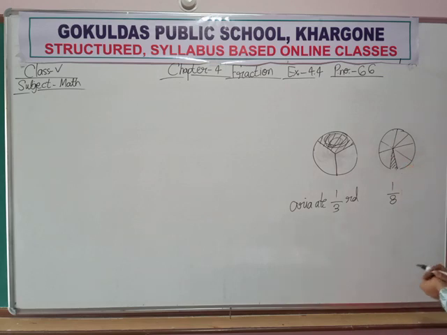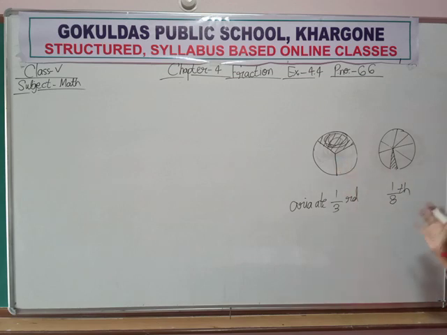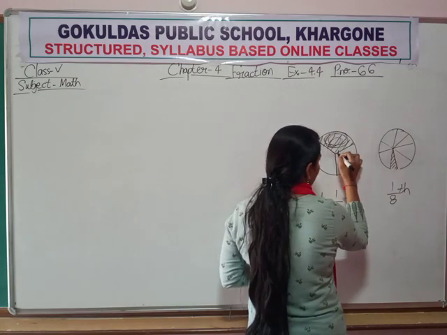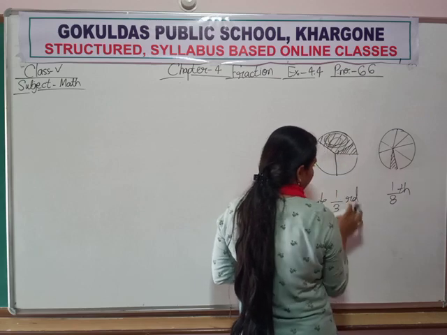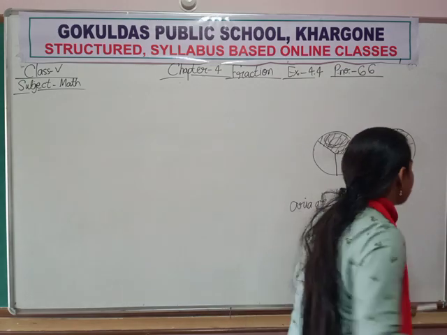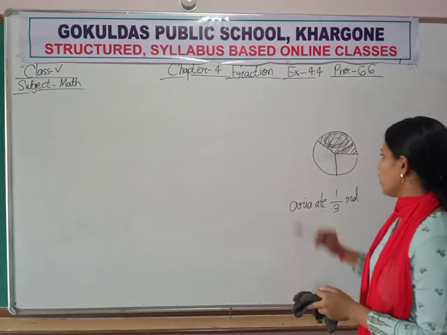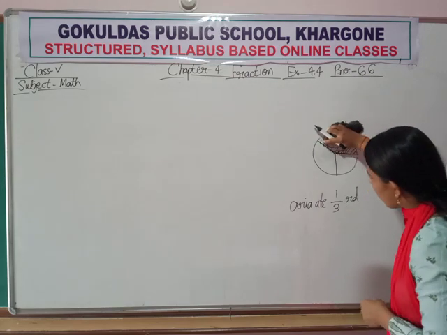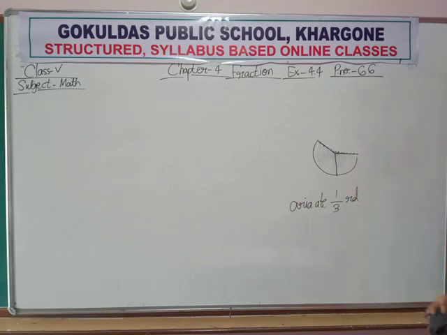Same cake, her sister ate 1/8 part and Arya ate 1/3 part. So how much total cake is left? If I add this slice also to it, how much cake is left? We want to find how much cake is left. This much is eaten by both of them, Arya and her sister.